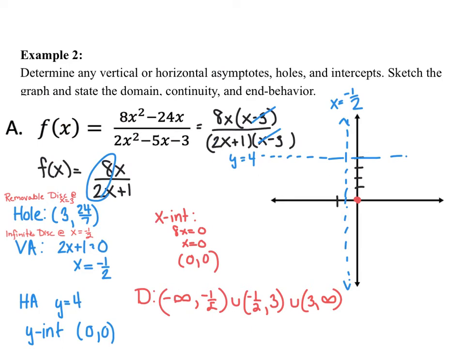The two things I have remaining are to state my end behavior, and then I need to sketch this. So my end behavior would be affected by my horizontal asymptote, so the limit of f of x as x approaches negative infinity is equal to the horizontal asymptote, which is 4. And then it would be the same on the right.